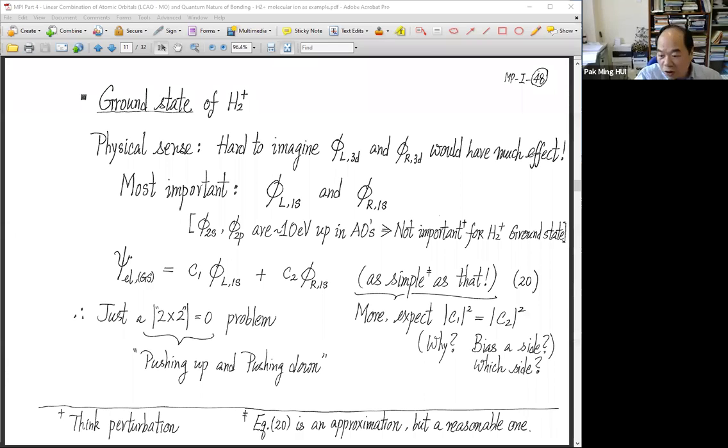So for that, we know more than just this LCAO form, C1, C2. We have more to expect due to symmetry. The electron will not bias any one side. That is to say, the wave function square will be symmetric in the middle. So with that, we already know the possible linear combinations without doing the variational calculation. Of course, if you want to do it, doesn't matter.